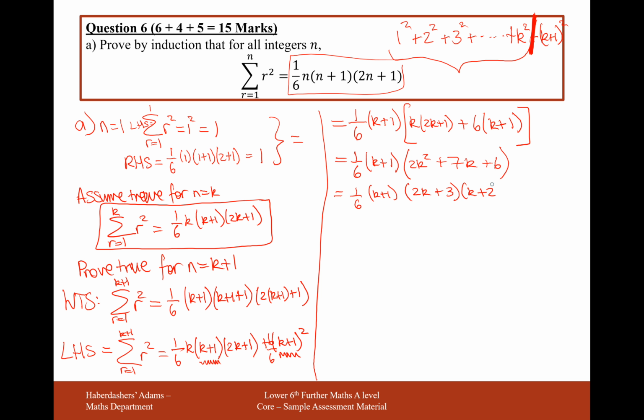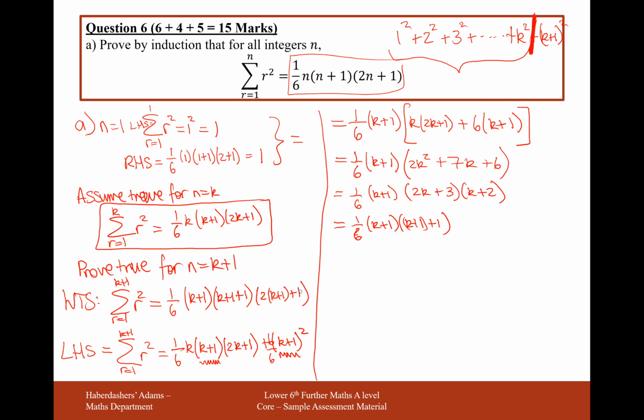Right, we're nearly there. We're nearly at what we want to show. Now I can spot here the k plus 2, that's very similar to this k plus 1 plus 1. So that's how I'm going to phrase it such that it looks exactly like what I want to show. So I've got my k plus 1 plus 1 there.